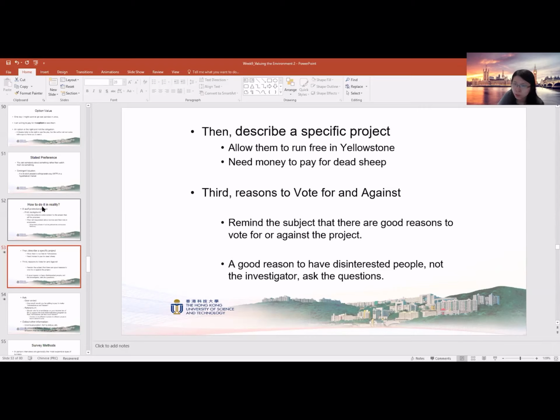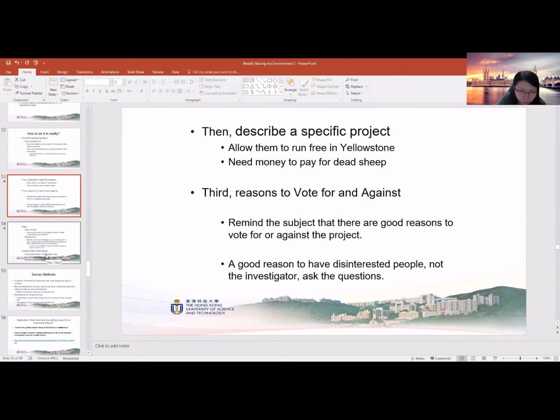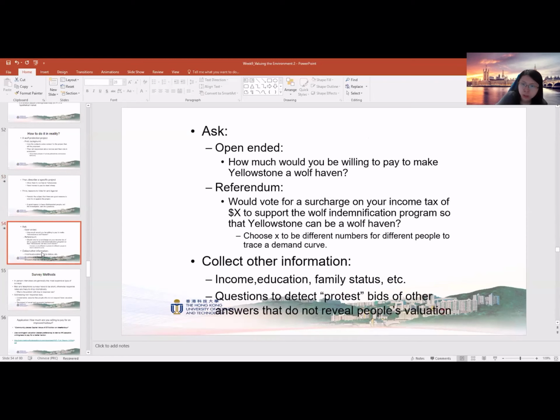The specific project is trying to protect the wolves while being able to compensate sheep owners, so as to avoid them from excess hunting. And finally, you want to elicit people's valuation for this specific project. There are different ways of asking questions about willingness to pay.